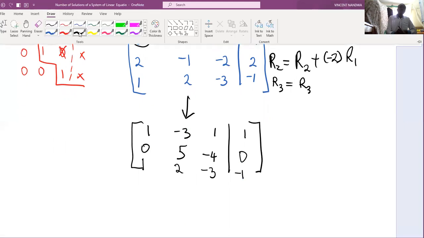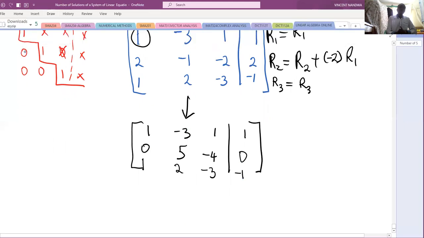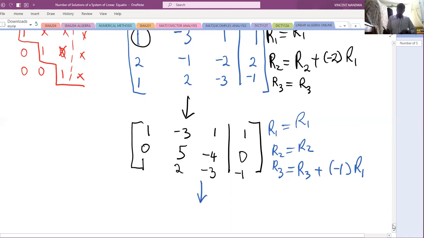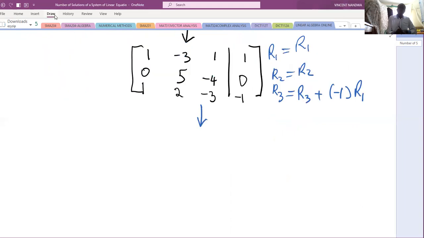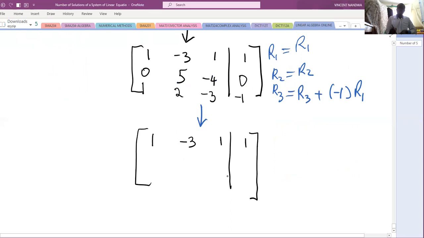Now we have achieved this to be 0. So therefore we say row 1 to be row 1, and then row 2, let it be row 2 first, and then row 3, let's make this one 0 by saying row 3 plus, we still use row 1 to correct that one. So we need to multiply by -1 so that when we add, we get 0. So this will give us 1, -3, 1, 1, 0, 5, -4, 0.